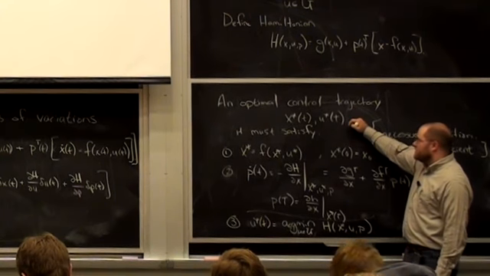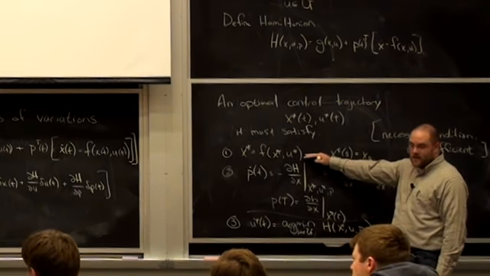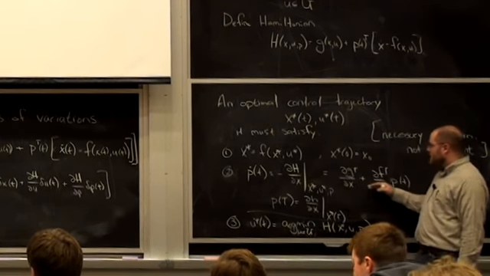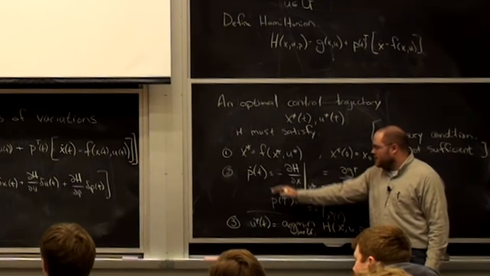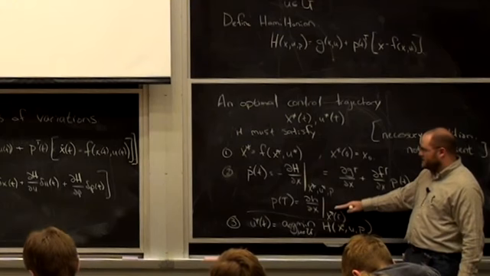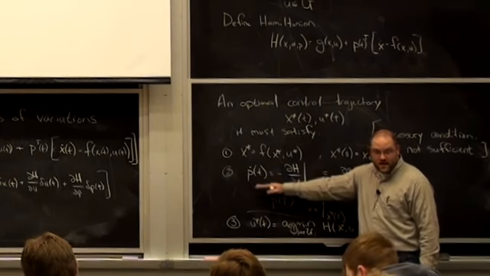Pontryagin minimum principle says that if my constraint is satisfied for x dot, and if I can integrate this p dot backwards in time from some final conditions, which come from the same basic variation argument, then I've found Lagrange multipliers which satisfy that constraint.